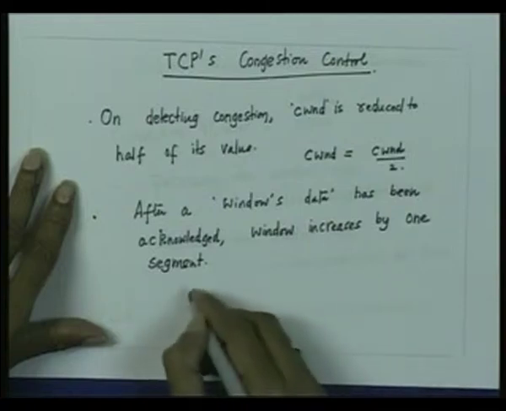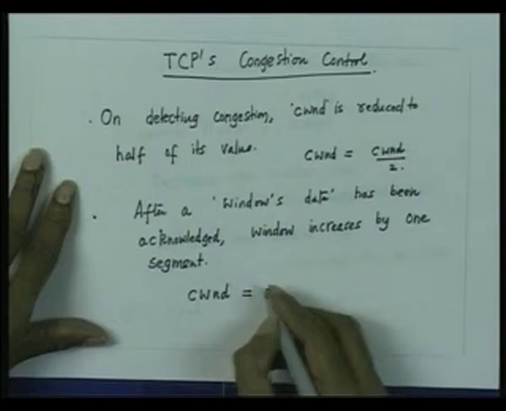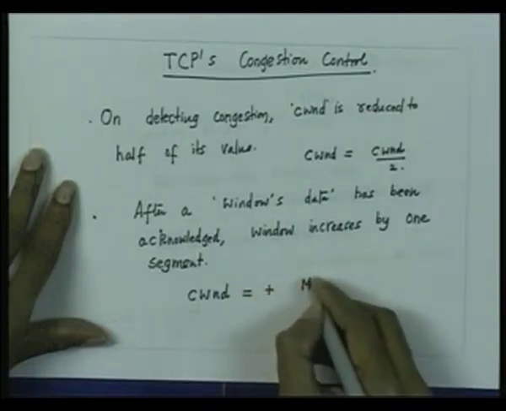That is, in other words, CWND increases by the maximum segment size.